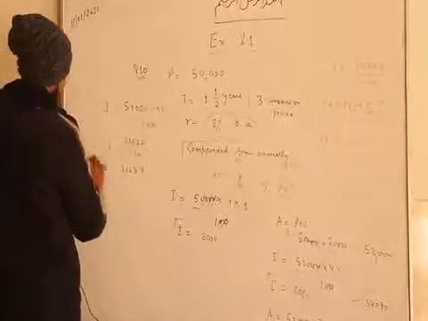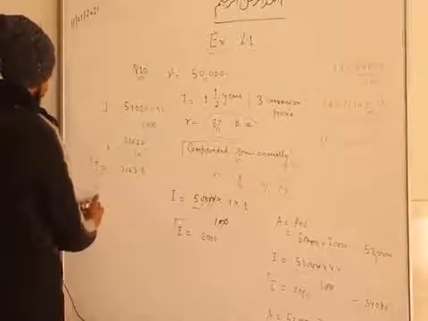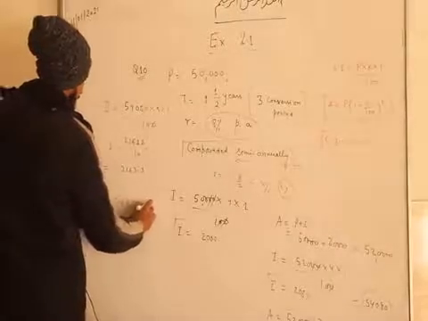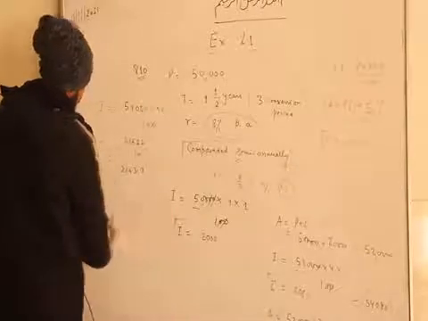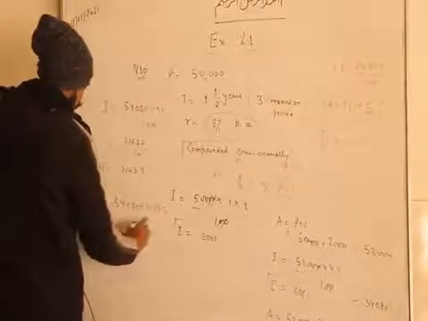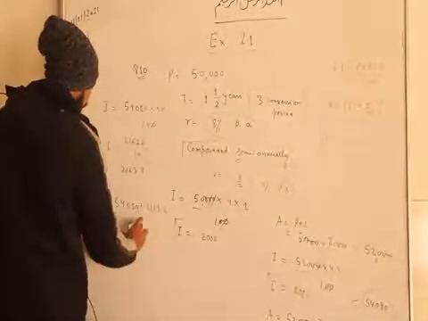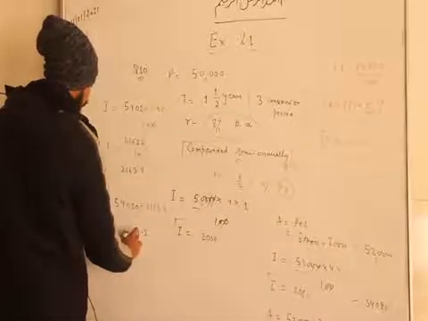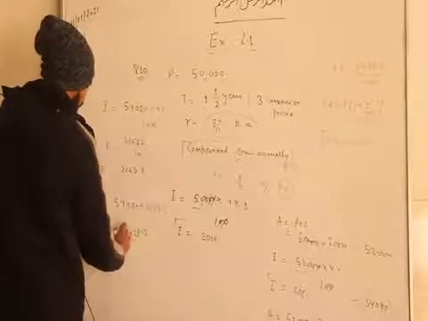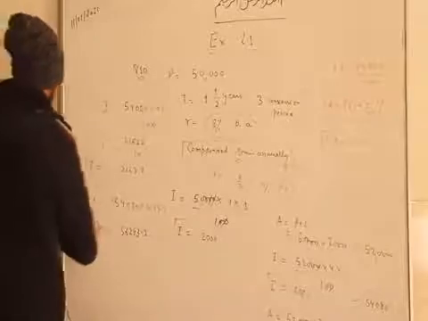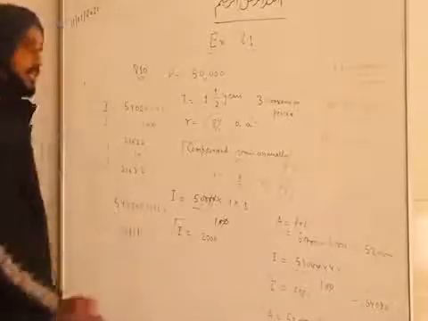This is the interest for the third period, and now the amount will be 54,080 plus 2,163.2. So the final amount will be 56,243.2. Okay, this is the final amount after 1.5 years.